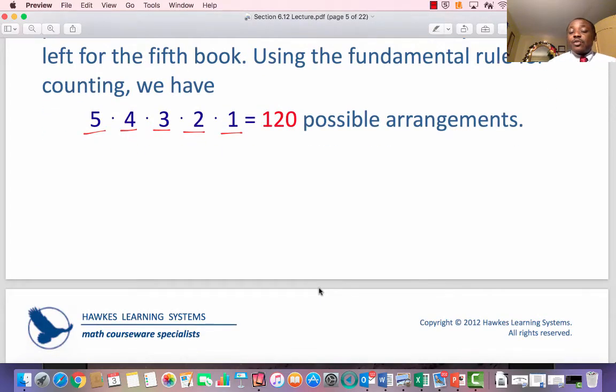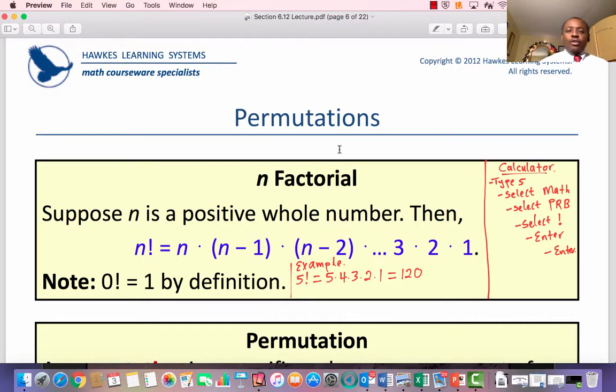So how many ways can you arrange 5 textbooks on a shelf? 5 times 4 times 3 times 2 times 1, 120 possible arrangements. And we shall see a couple of other examples close to the end of this lecture. Math is beautiful. Okay, now let's move on to the other counting techniques.